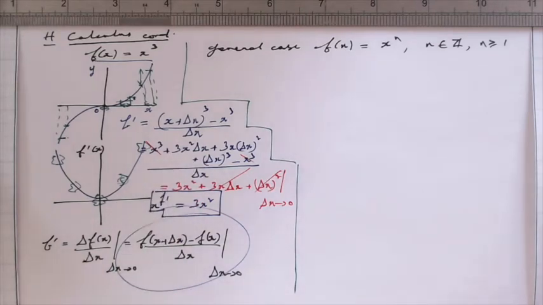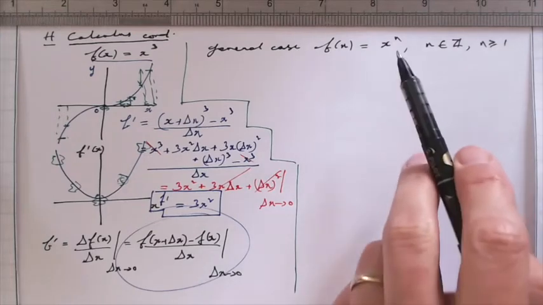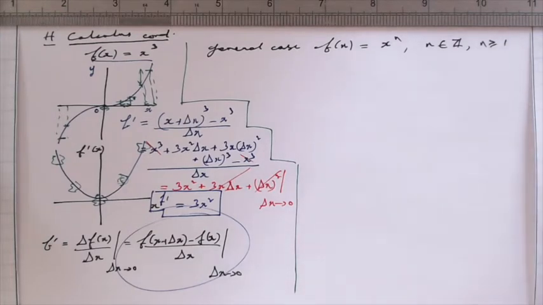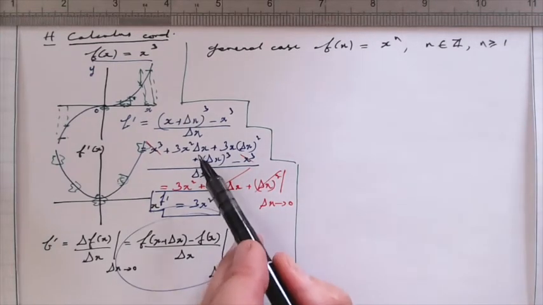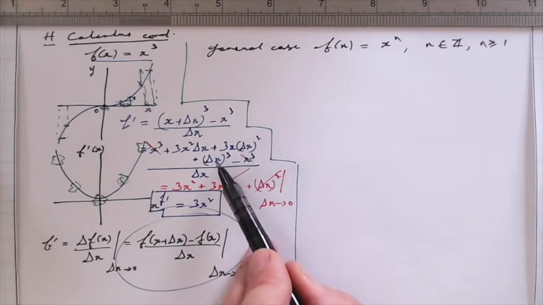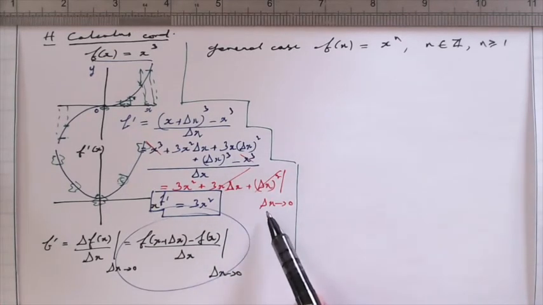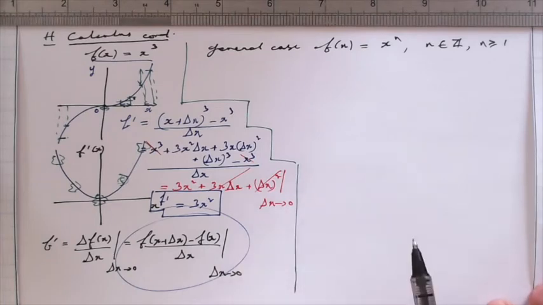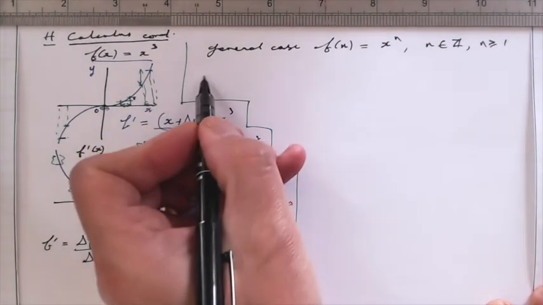So we just want the leading term, which is going to be x to the n, but then we want that next term, which is going to be proportional to delta x. And then everything else is going to be higher powers of delta x, all of which will be blasted to 0 by this limit that we take of delta x going to 0. So let's have a look at that then.